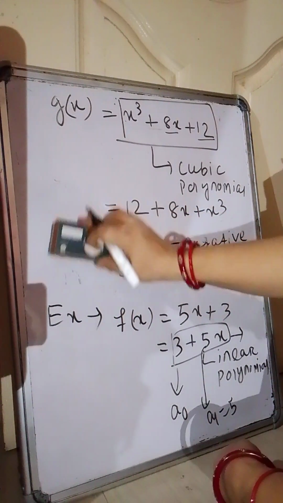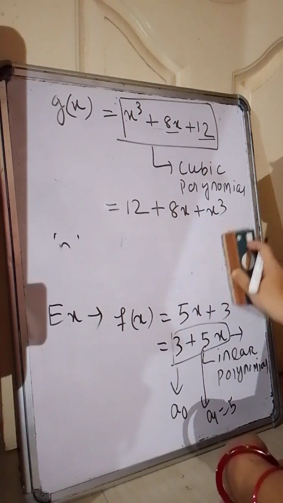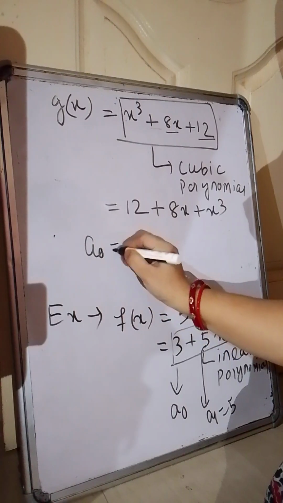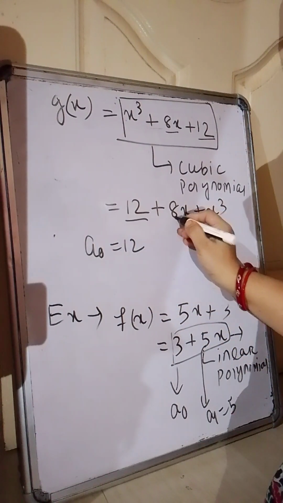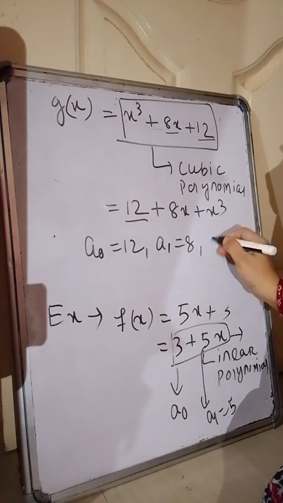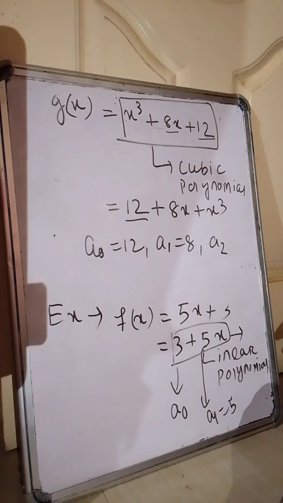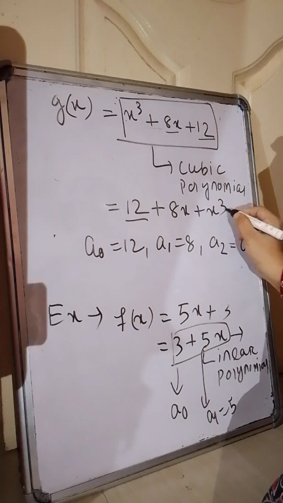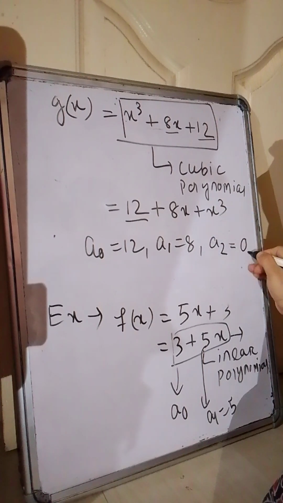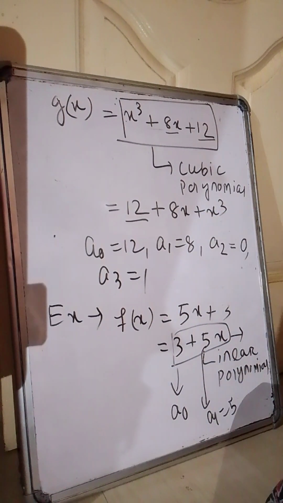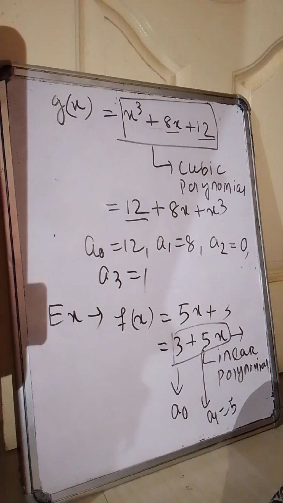Based on the polynomial form, a0 is 12, the coefficient of x is a1, and the coefficient of the x square term is not here, so a2 equals 0. Then the coefficient of x cube is a3, which is 1. This is a cubic polynomial.